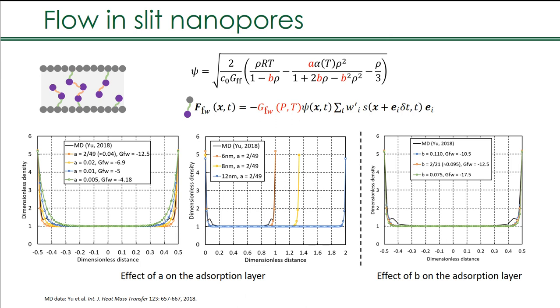According to our simulation, we found that the thickness of the adsorption layer is mainly controlled by the value of A in lattice units rather than B, and the adsorption density is mainly controlled by the value of G_FW.